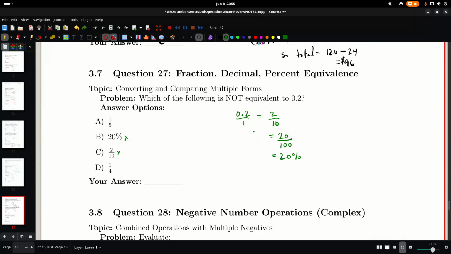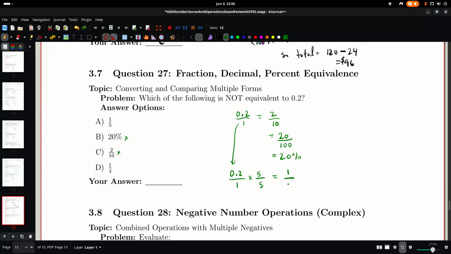And if we wanted to write it over 5, we would multiply 0.2 over 1 by 5 over 5, to rewrite it as a fraction over 5. And so 0.2 times 5 gives us 1.